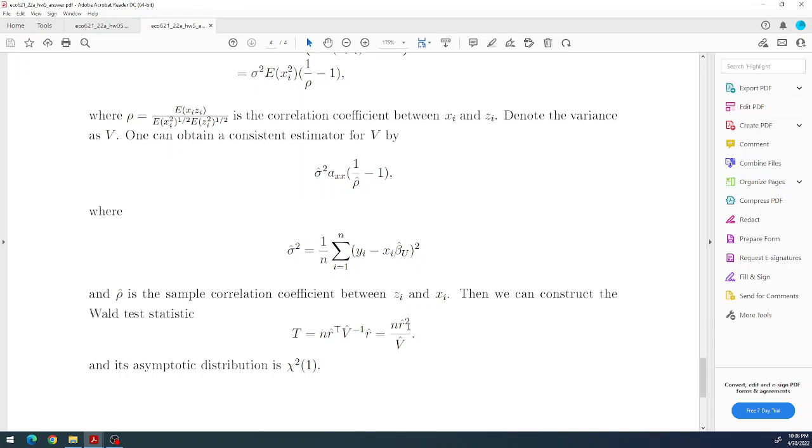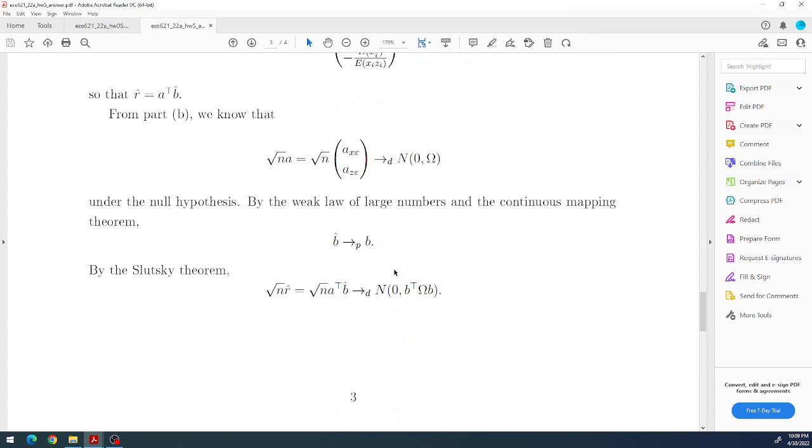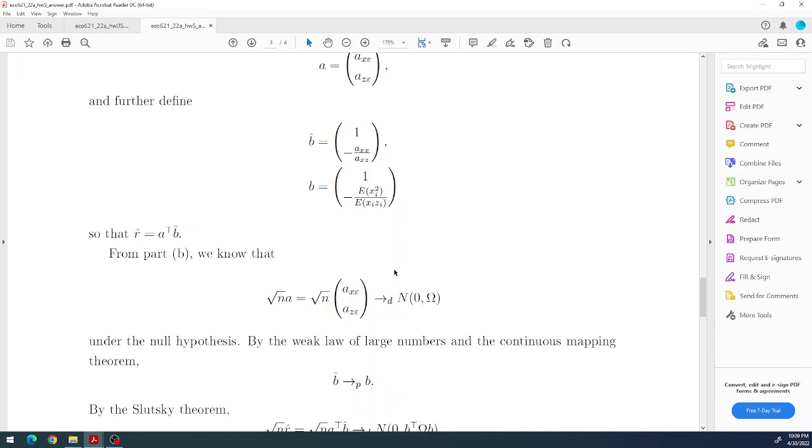You can do it with the normal distribution with a two-tailed test, but to be consistent with our unified framework, I'm just showing you how it follows a chi-square distribution. So it follows a chi-square distribution with degree of freedom 1, because the number of restrictions was only 1. There was only one restriction about the exogeneity of x.